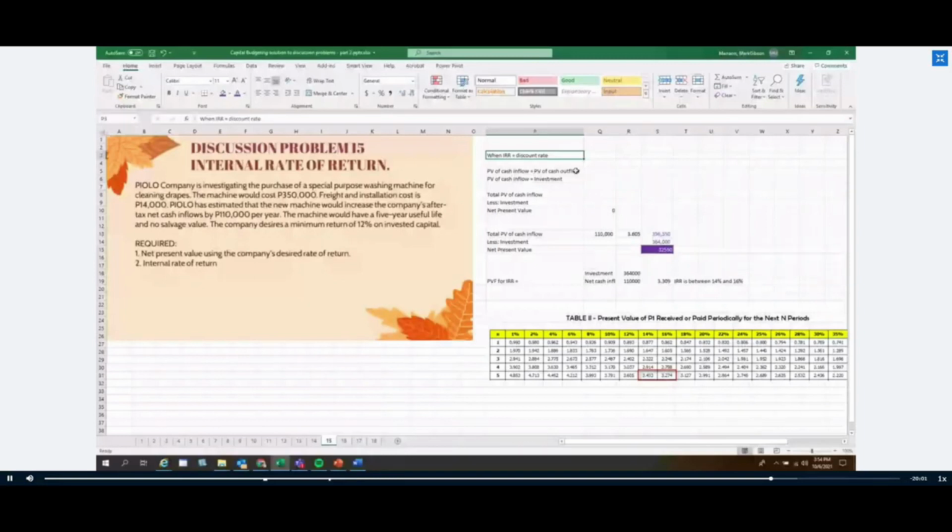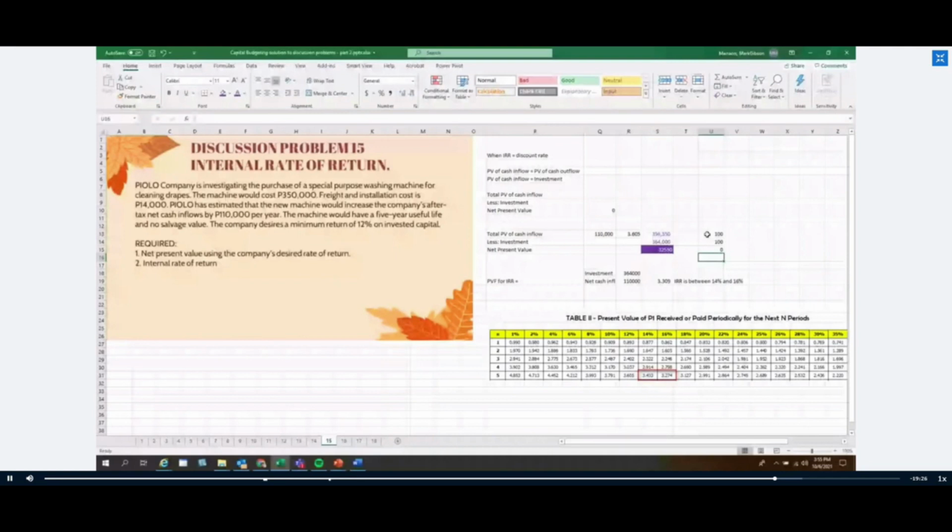Eh, kung ganun, ang sinasabi niya, ang present value of cash inflow is equal to the present value of cash outflow or your investment. So therefore, your net present value is zero kasi nga equal eh. No? So imagine, kung ang total present value of cash inflow mo is 100 at ang present value of cash outflow mo or investment is 100, so therefore your net present value is zero. No? So ganun na if it's the internal rate of return.